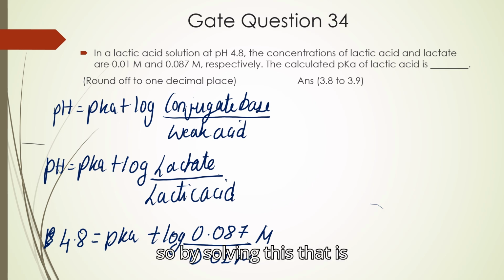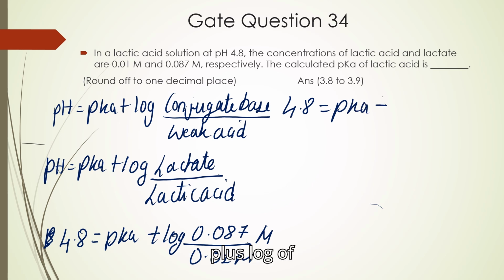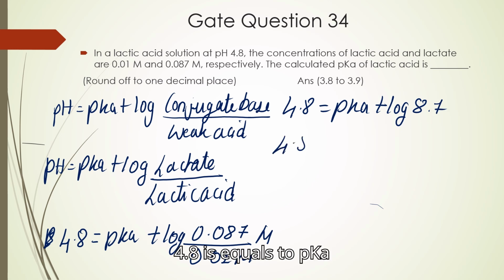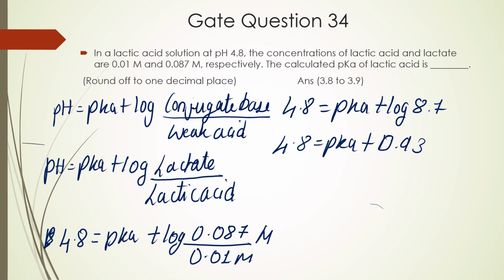Okay, so by solving this, 4.8 is equal to pKa plus log of 0.087 divided by 0.01, you will get around 8.7. So 4.8 is equal to pKa plus log of 8.7, which is 0.93.